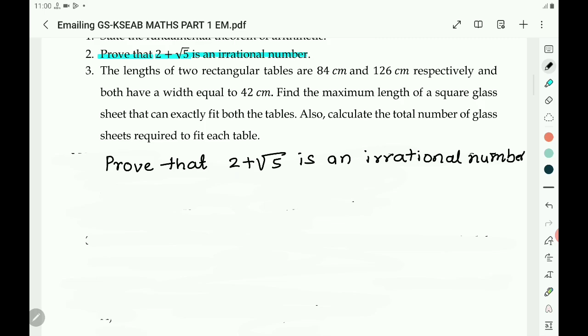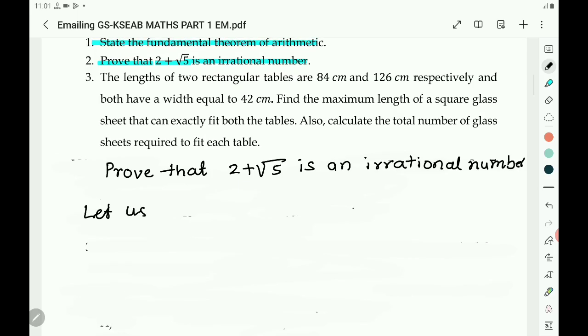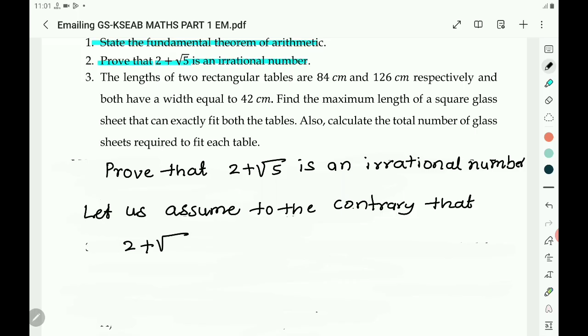So let us assume to the contrary that 2 plus root 5 is rational.